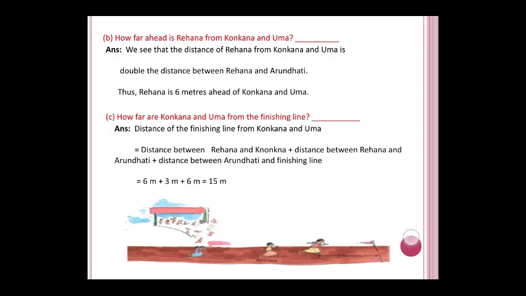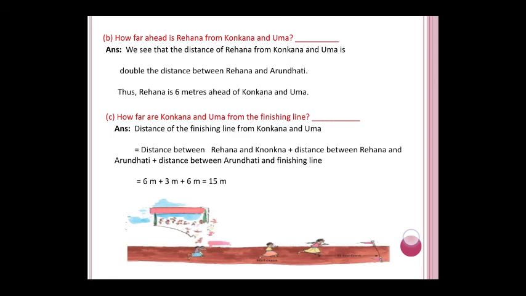See here, distance between Rehana and Konkana plus, what is the distance between Rehana and Konkana? It is 6 meters. I already told in the previous question, the distance from Rehana to Konkana and Uma is double the distance between Rehana and Arundhati.